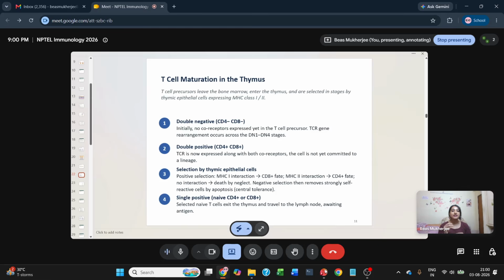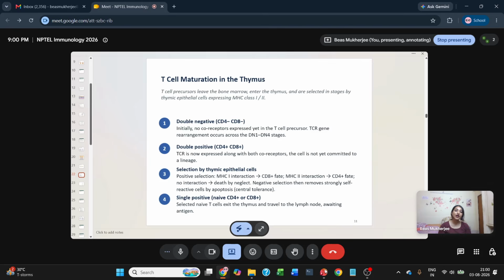Okay. If there is MHC2, again it should interact, and as CD4, the fate is sealed. But if it does not interact with either MHC1 or MHC2, then the cell dies from neglect and there is apoptosis. Okay, because it is not showing affinity for any of these types of receptor.